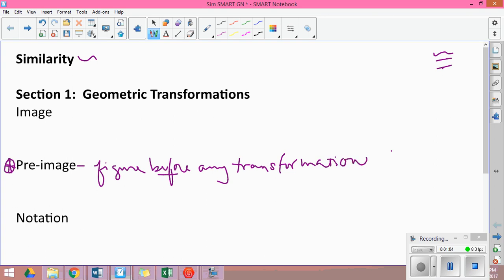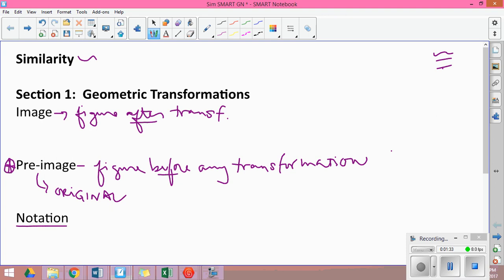There's several different kinds of transformations, but basically the preimage is our original figure. Now, an image is our figure after a transformation. So what does the figure look like? Where does it land after a transformation?